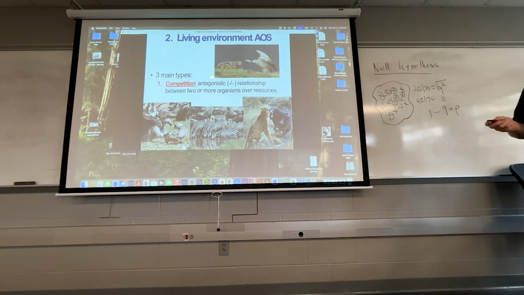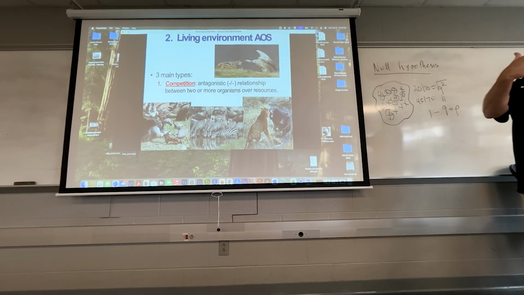And so these are antagonistic relationships between 2 or more organisms over resources. Competition is huge and fierce within environmental niches. As a matter of fact, you're going to come to learn in ecology that one organism can occupy a niche at a time. Because if 2 are competing over the same niche, both pretty much do really poorly, right?